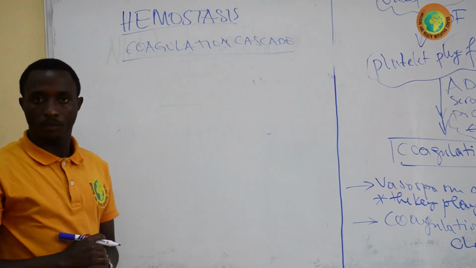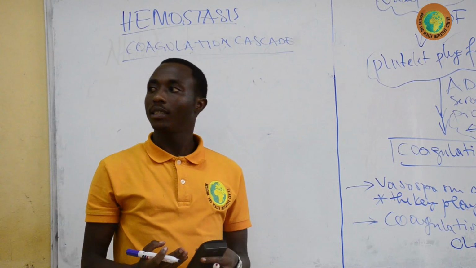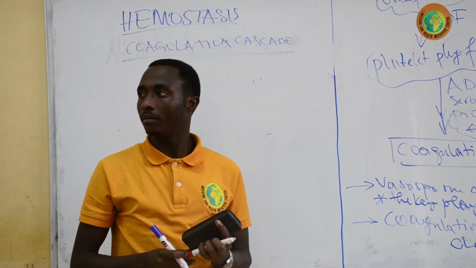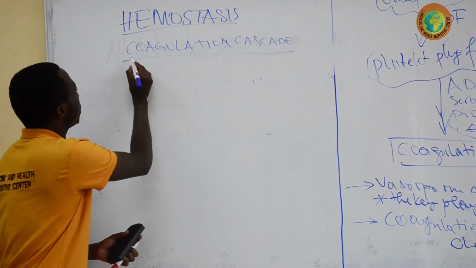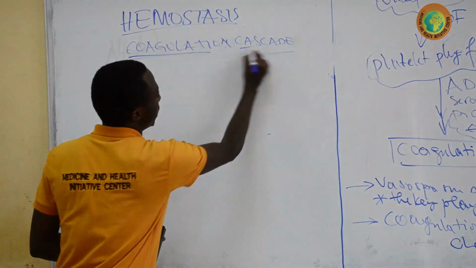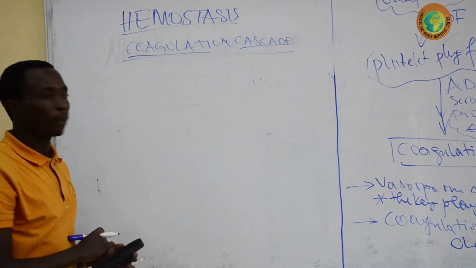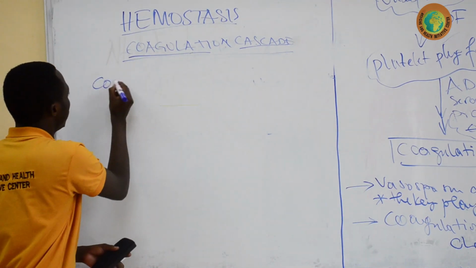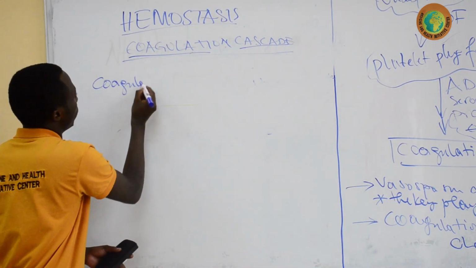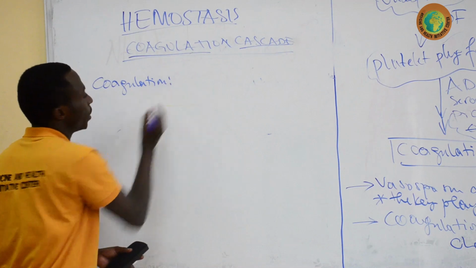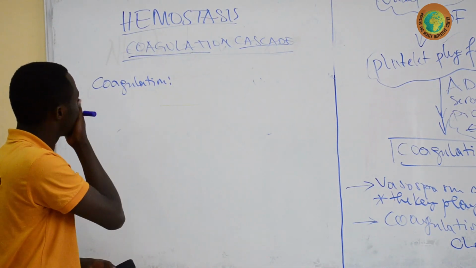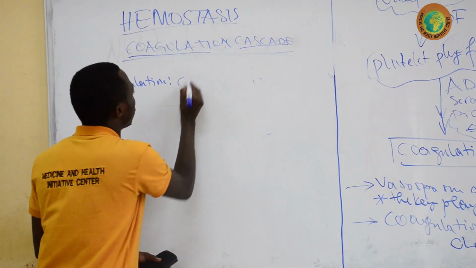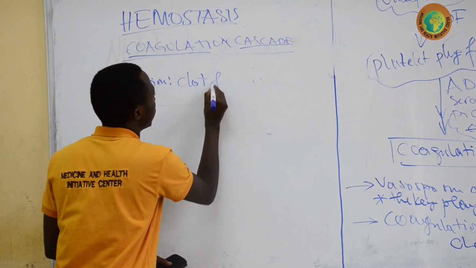Now friends, what is the coagulation cascade? We have two words, coagulation and cascade. Coagulation means clot formation.